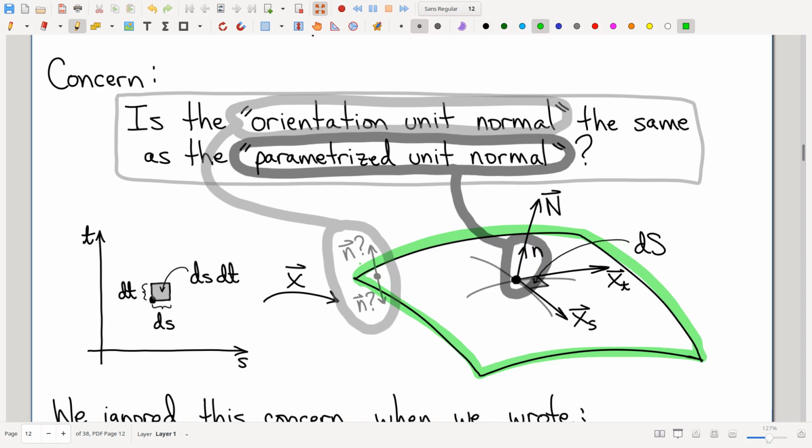It could have come oriented upward, it could have come oriented downward. Whichever is selected indicates the orientation on our given surface. And this vector indicating the orientation, whether it's the up or the down, is going to be called our orientation unit normal vector.